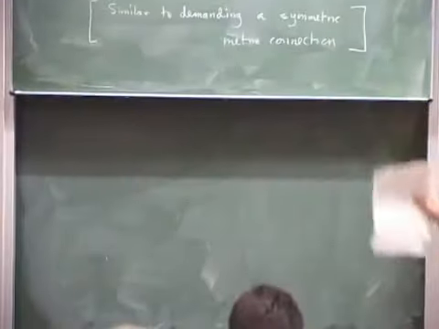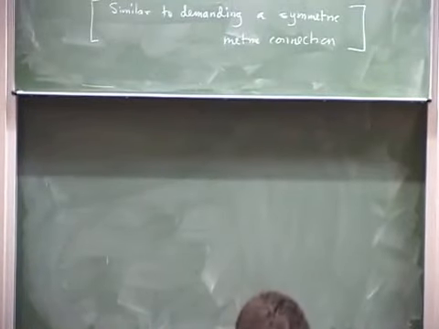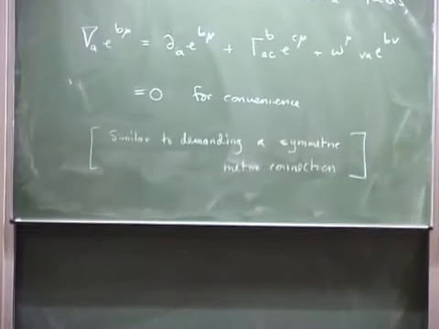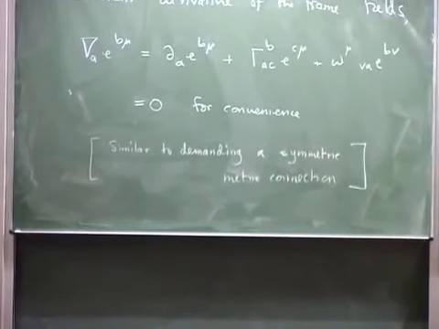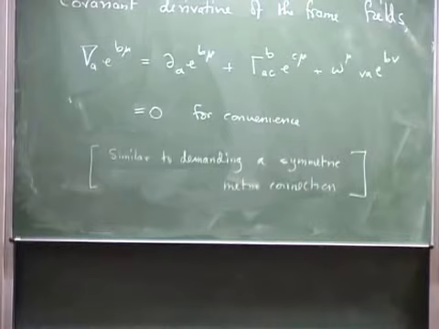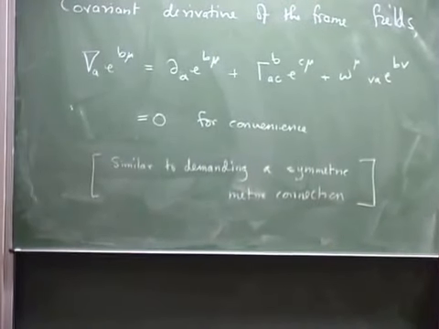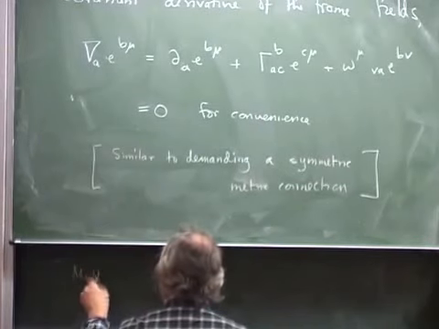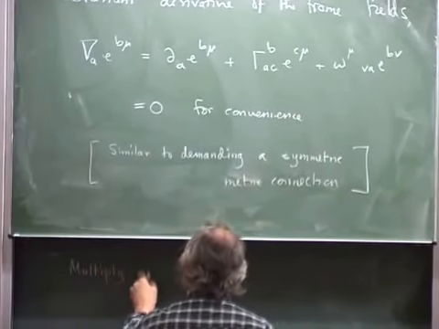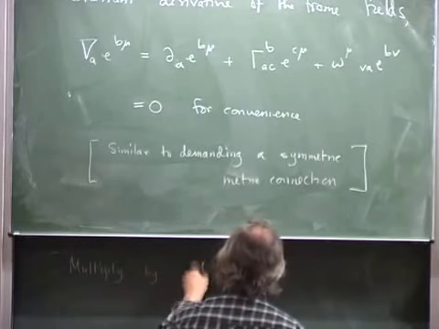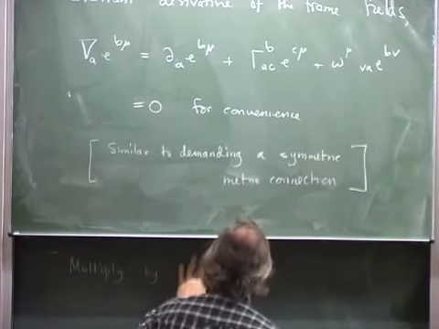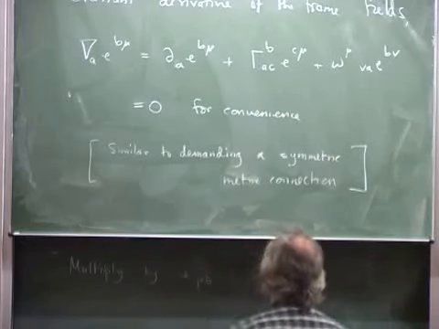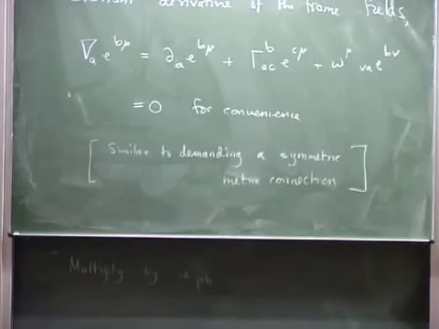So if you think about this, you can turn this formula around and use it to determine the spin connection, omega. And the way to do this is to multiply the whole expression by e_ρB, with both of your indices downstairs.